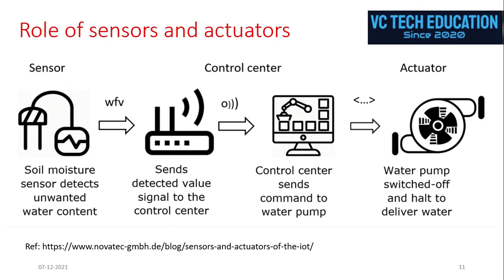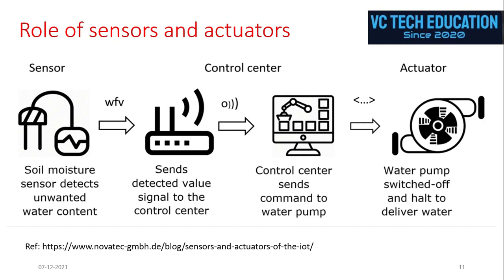Role of sensors and actuators. We will take another example related to the role of sensors and actuators, which helps in the agricultural industry. Soil moisture will be detected through the water content. So a sensor is used here to detect the soil moisture.